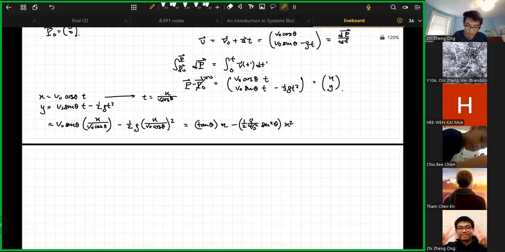Now that you do this trajectory calculation, if you're given a theta, a g, and a v naught, you can know how the whole shape looks. Now I want to ask, given g and v naught, what does the envelope of all parabolas look like?